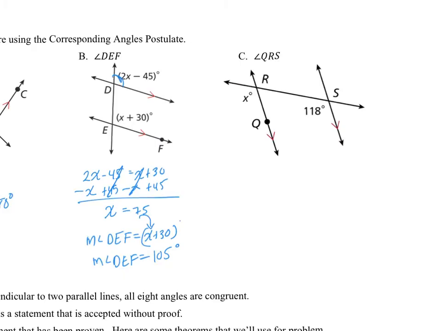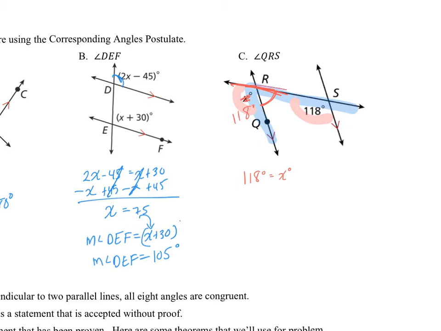Okay, this next one is a two-step problem. So it's asking us to find the measure of angle QRS. Well, I see that we have a couple corresponding angles. Since these are corresponding, then 118 degrees is equivalent to x degrees. Okay, and so if that's 118 degrees, and these are on a straight line, what's the measure of this angle QRS?